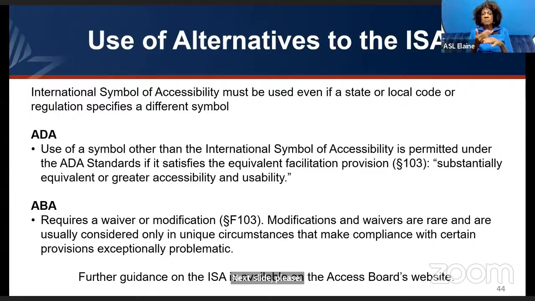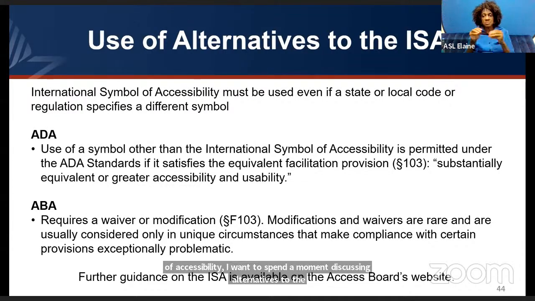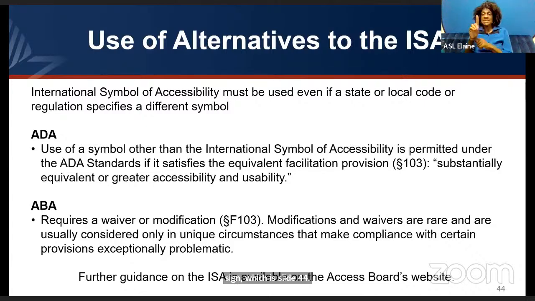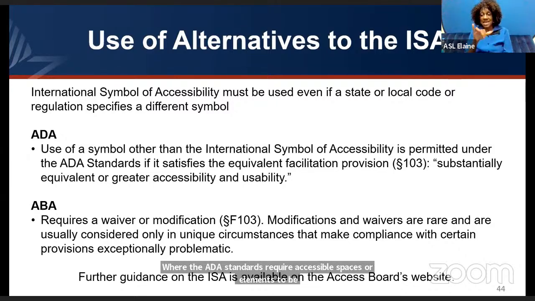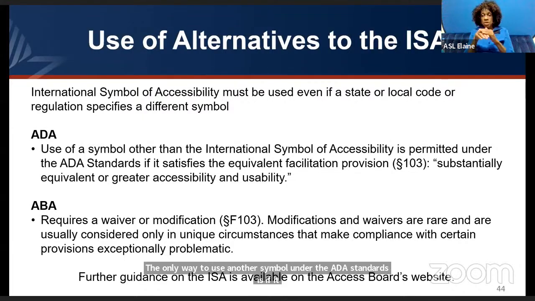Before we discuss the scoping requirements with the International Symbol of Accessibility, I want to spend a moment discussing alternatives to the sign, which is slide 44. Where the ADA standards require accessible spaces or elements to be identified specifically by the ISA, or even the other designated international symbols, the sign must be used even if a state or local code or regulation specifies a different symbol. The only way to use another symbol under the ADA standards is if it satisfies the equivalent facilitation provision, which is provision 103.